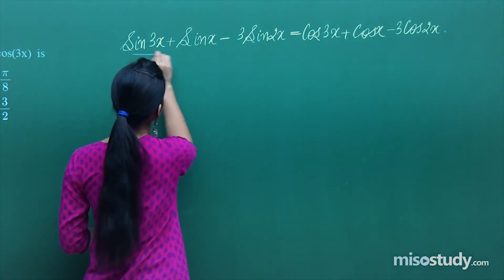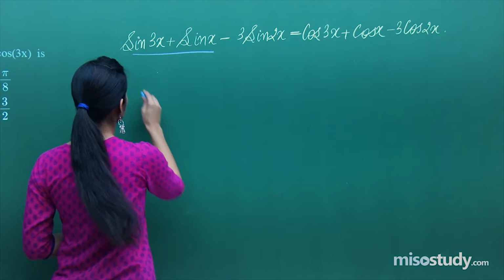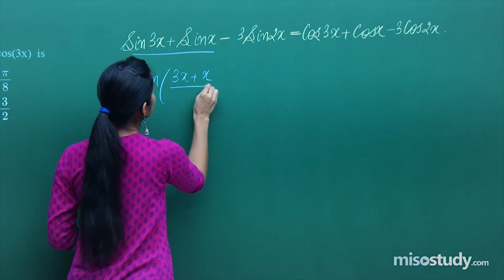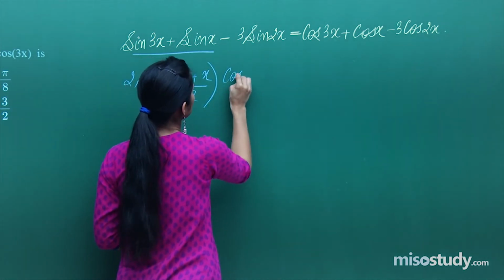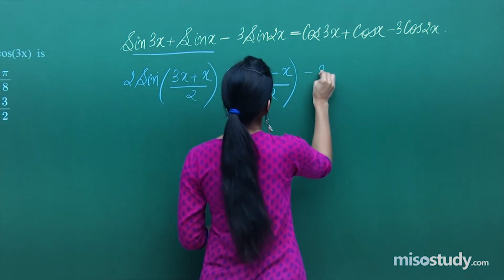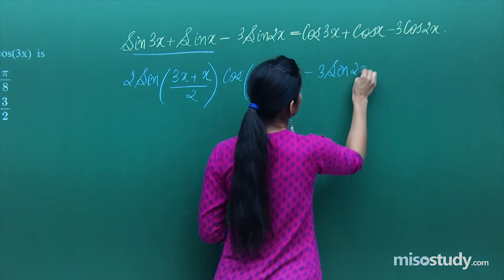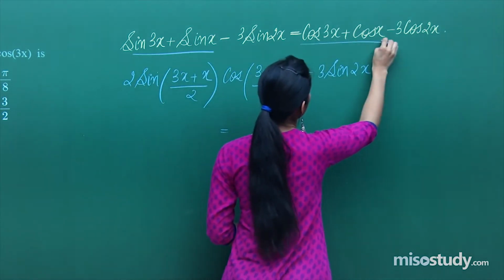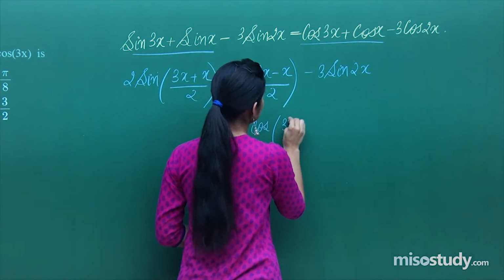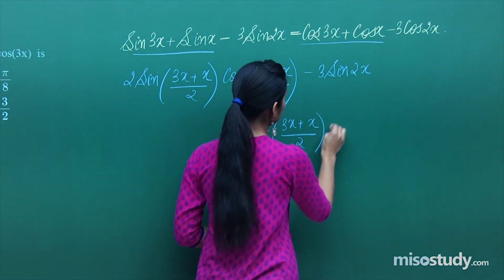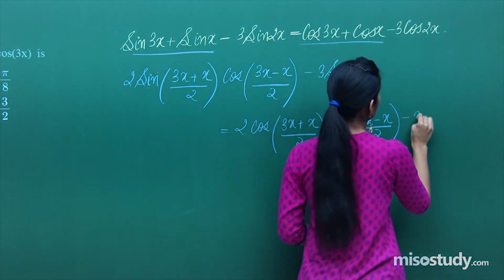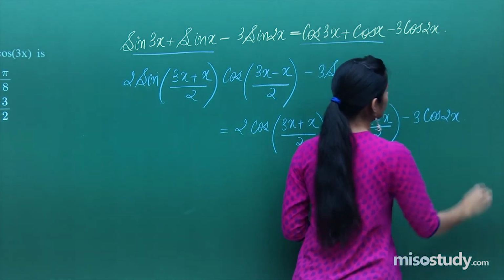Over here it's very evident, see, sine C plus sine D. 2 sine C plus D by 2 cos C minus D by 2 minus 3 sine 2x. Then on the right hand side you have cos C plus cos D. 2 cos C plus D by 2 cos C minus D by 2 minus 3 cos 2x.